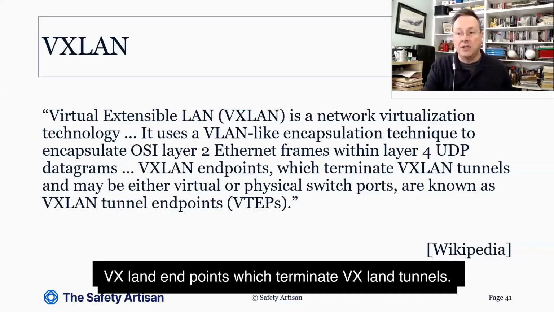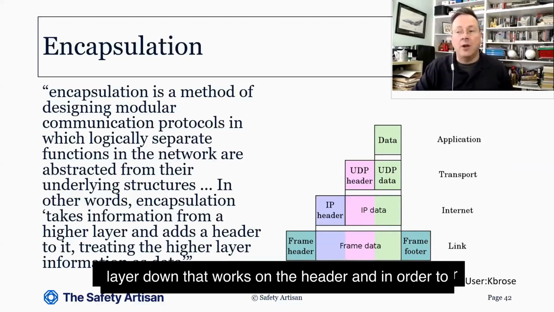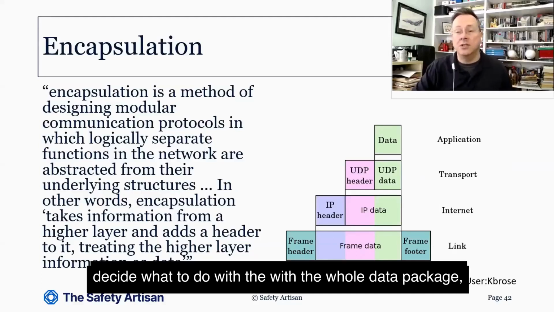VXLAN endpoints terminate VXLAN tunnels, so we hide the actionable data and instead a next layer down works on the header in order to decide what to do with the whole data package.